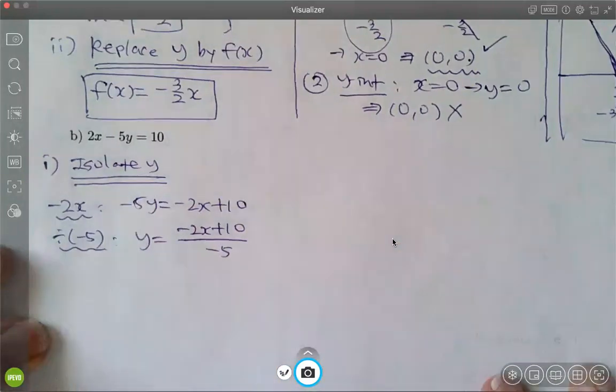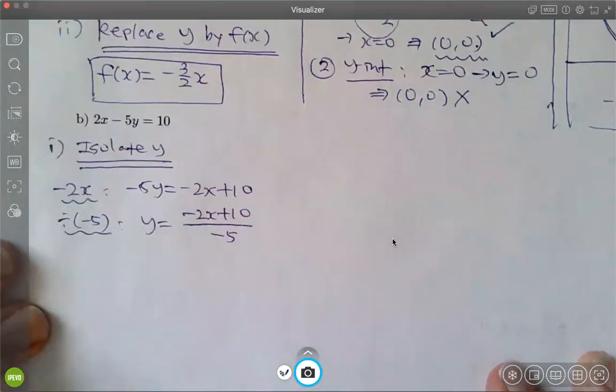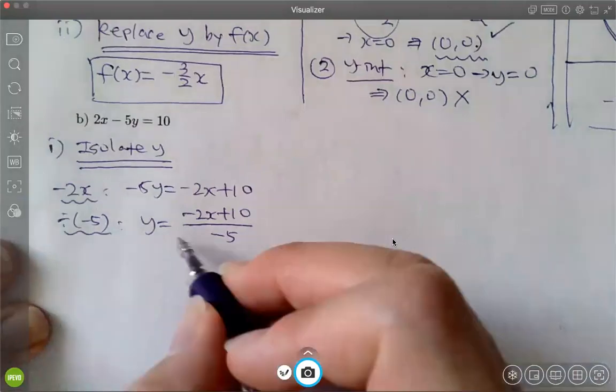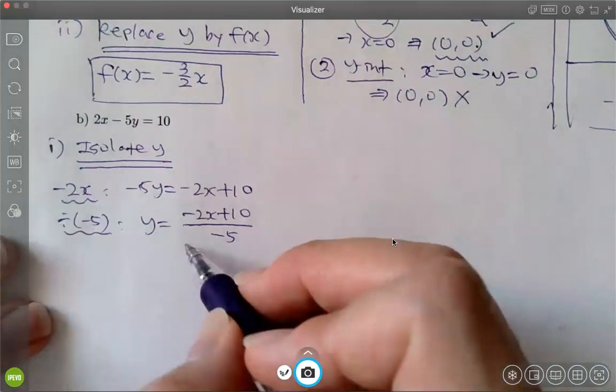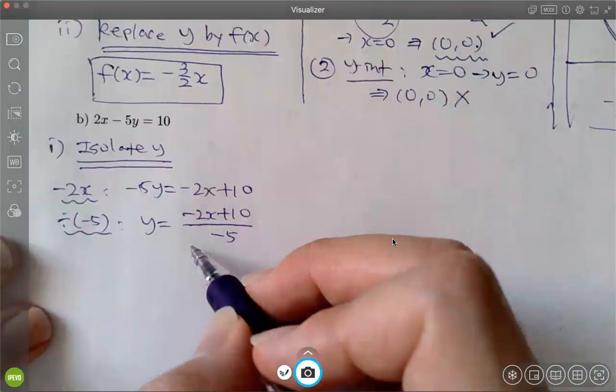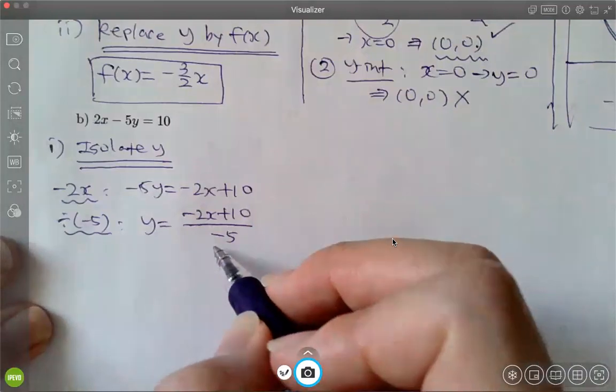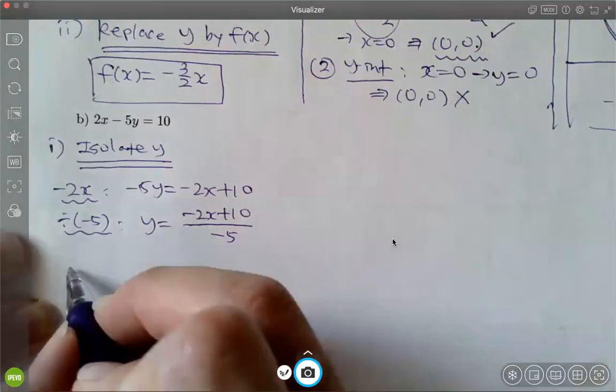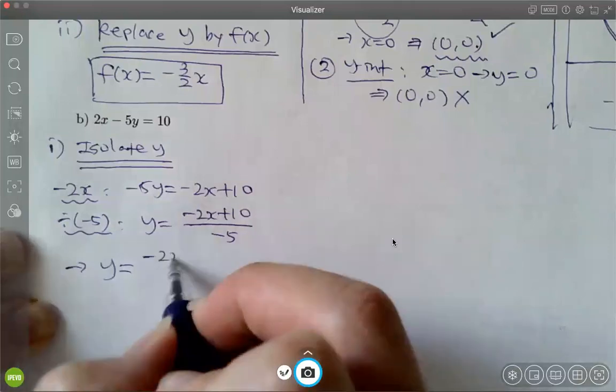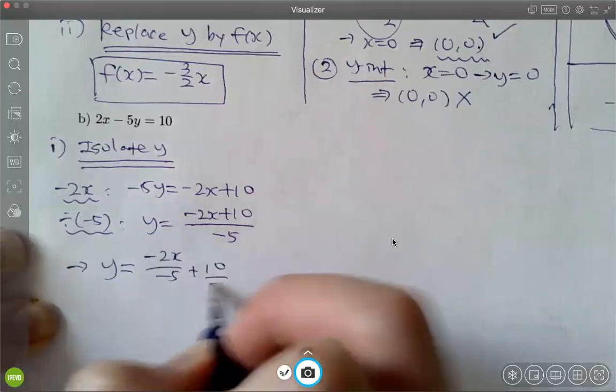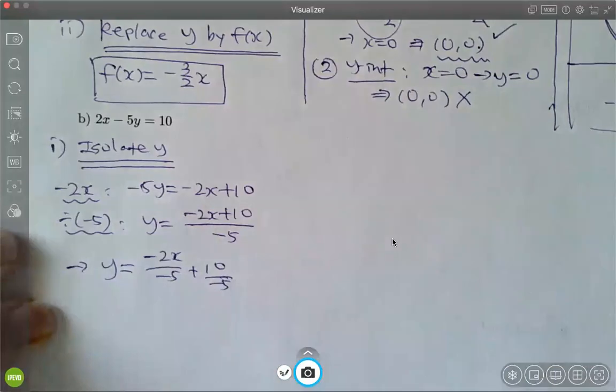Okay, now here y is isolated, but what's the problem? It's not in mx plus b form, right? So what do we do here? First, split, right? Yes, okay, like this. And then we simplify, right?